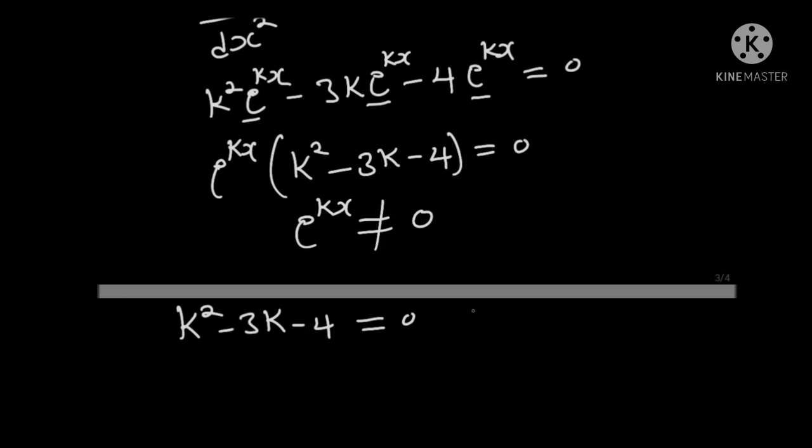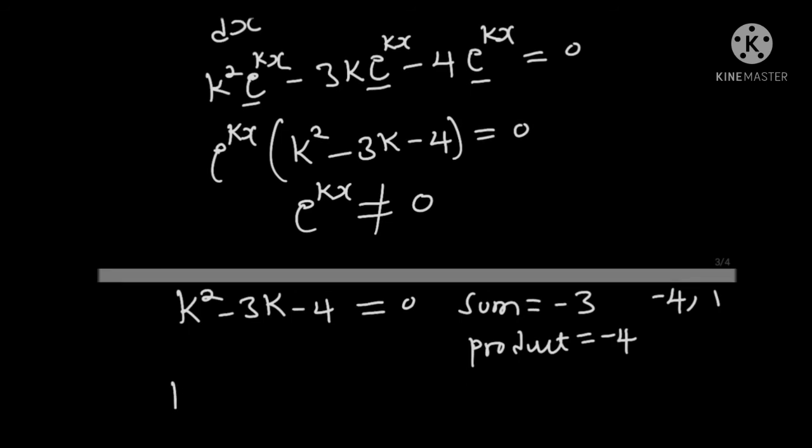Now, the sum of two numbers should give us minus 3, and the product of these numbers must give us minus 4. So these numbers are minus 4 and 1. When we add minus 4 and 1, we get negative 3. When we multiply negative 4 and 1, we get negative 4.